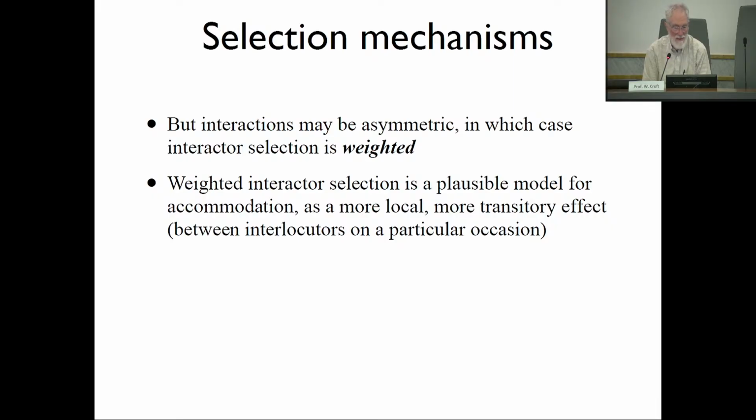So there it's asymmetric. It's a plausible model for accommodation, which is basically a more local or more transitory effect. I talk to you, and so then I start talking like you, shifting my productions closer to yours. But then I stop talking to you and I talk to someone else, they're talking differently, and then I accommodate them as well.